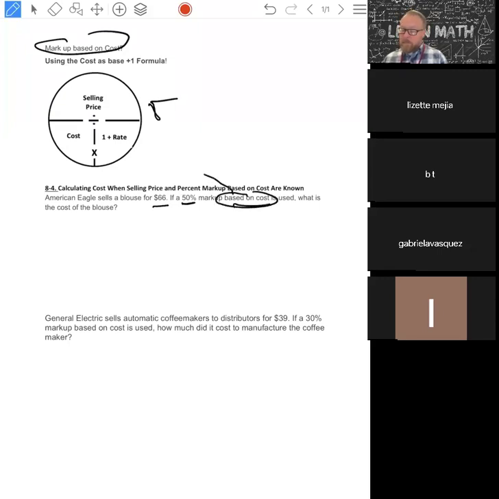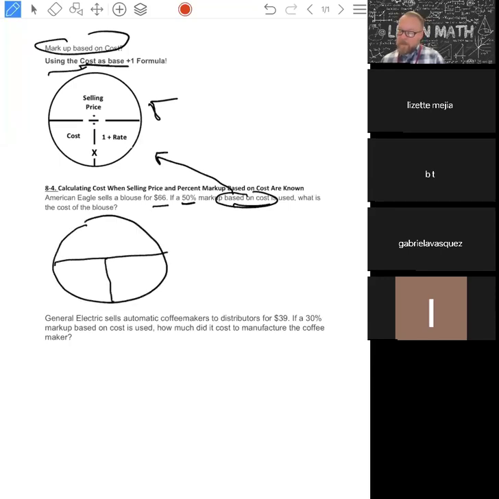Because it says based on cost, this is the cost plus one, using cost as a base. So we're going to use that formula. The two factors I have: it's $66 is the selling price, what I'm trying to find is the cost, and it's a 50% markup.